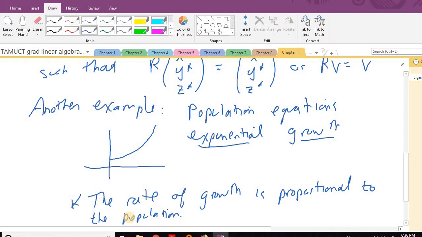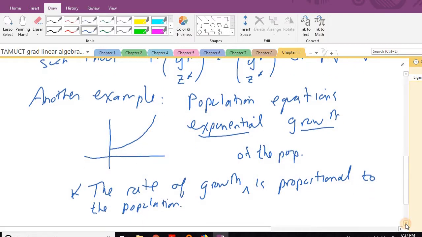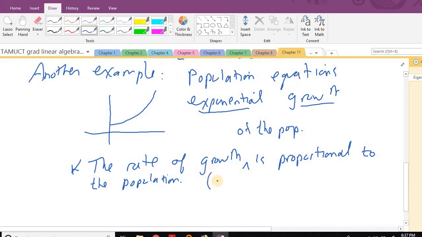Twice as many people are going to have twice as many kids. Except for other factors, right? All things being equal. If you have a constant birth rate, then the rate of growth is proportional to the population. So I should say the rate of growth of the population, and I should say here this is assuming the birth rate is constant.